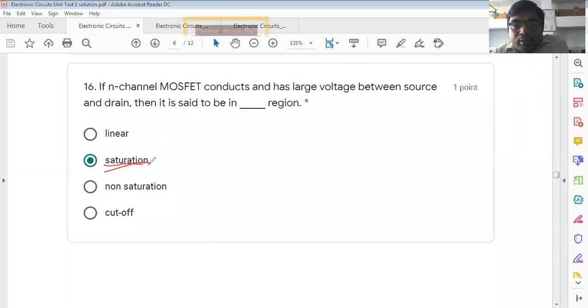We have already seen the output characteristics. In the saturation region, there is a large voltage difference between the drain and source. Linear and non-saturation are actually the same region; these are two different names given. And cutoff is when the transistor is off, so it is not possible. So the correct option is saturation.